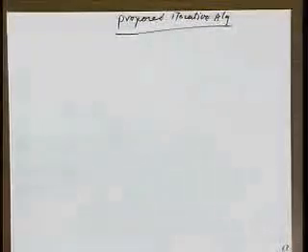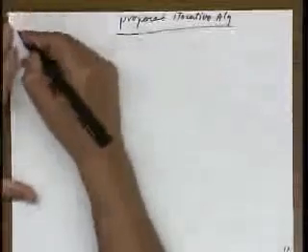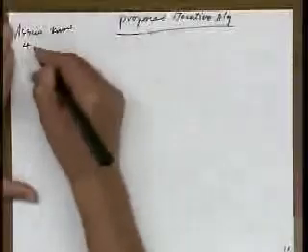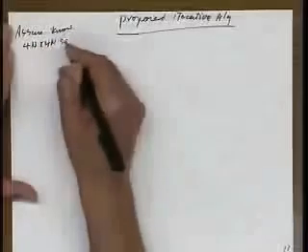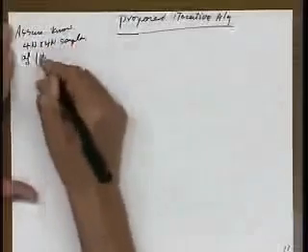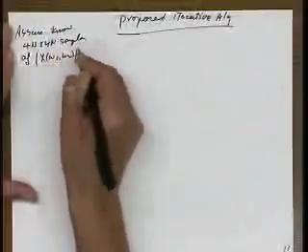Here's a proposed iterative algorithm to practically recover the phase from Fourier transform magnitude. For this algorithm, we're assuming that we know the signal at 4N times 4N samples of X of omega 1, omega 2 squared.